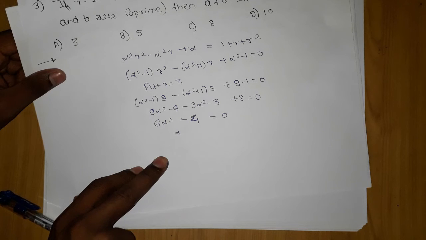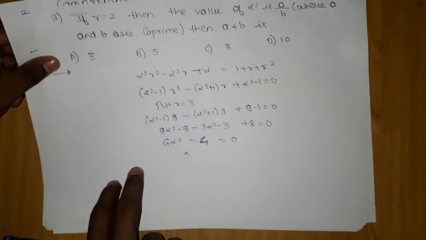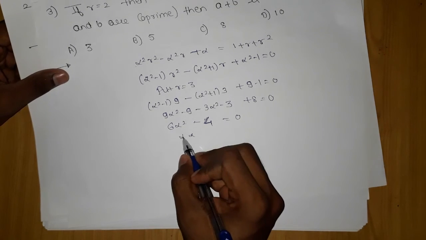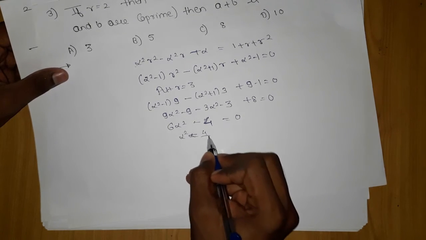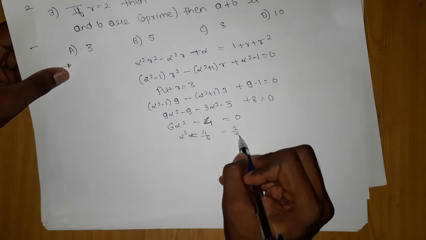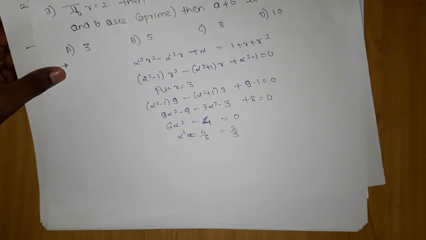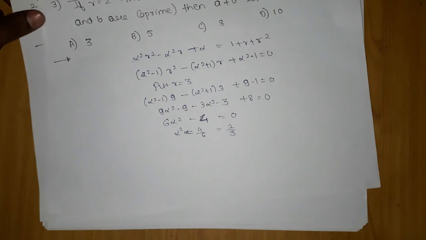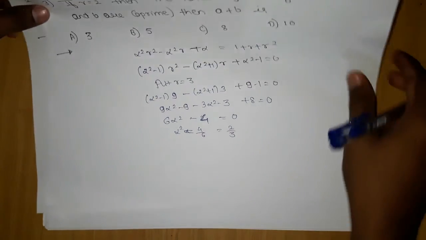So alpha square is 4 by 6, giving me something like 2 by 3.